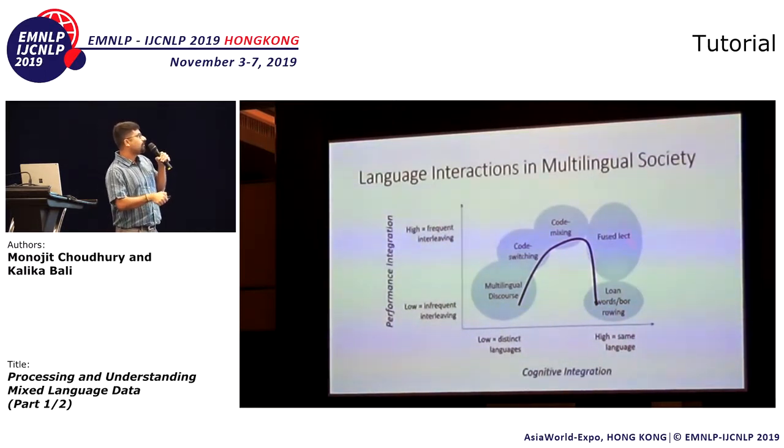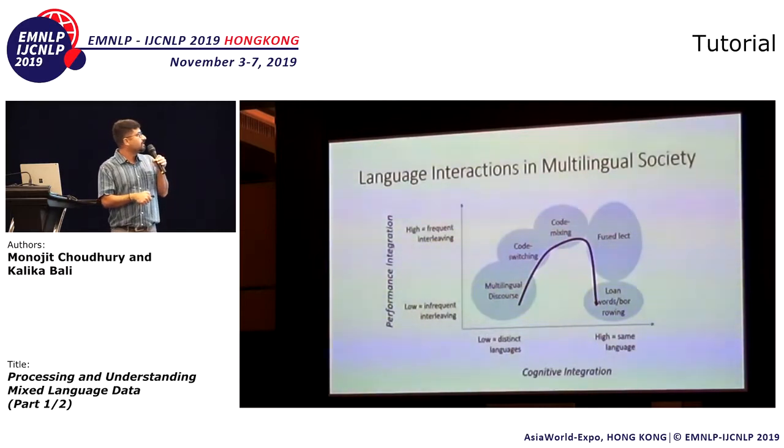In between, there are a variety of things, and I would say code switching and code mixing are somewhere here, where you are pretty clear that you are talking two languages, and your mixing also shows that you are mixing two languages, in your pattern. So there is a medium level of integration, both at the cognitive and performance level, between the two languages.